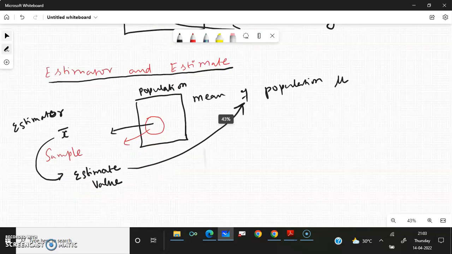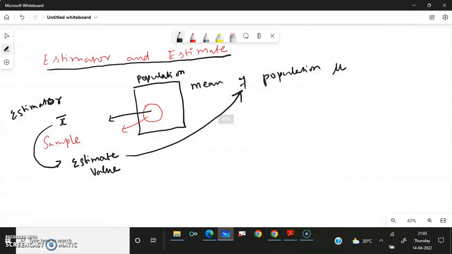Now, any statistic, as I told you before in unit 1: if we talk about the mean, median, mode of the sample, it is known as a statistic. And something about the population is known as the parameter.